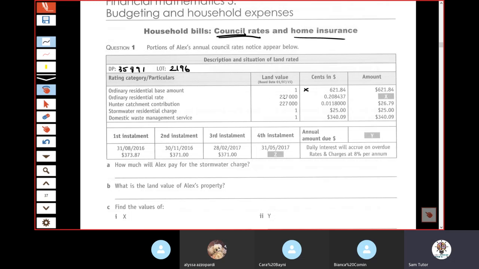Residential rate: if your land's bigger, you get charged more because it's valued more. If your land is smaller, the value would be smaller, so this amount would be smaller. This particular land is worth $227,000. Times it by 0.208437. That's the amount you get charged because of your particular land. Everyone gets charged a minimum of 621, and you get charged this much because your land's value is this.